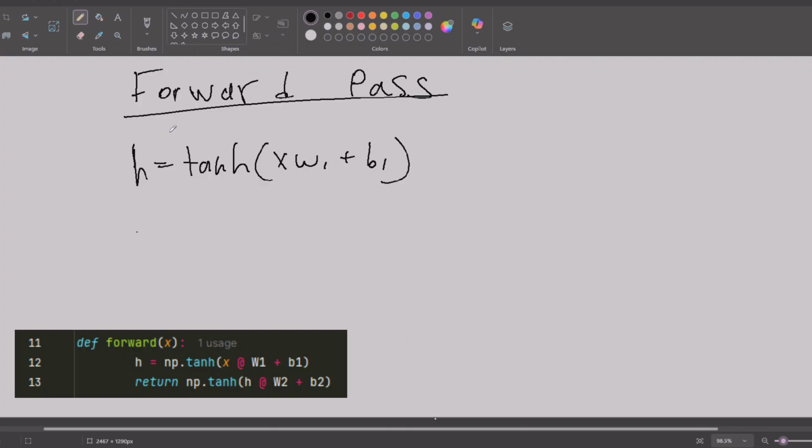Okay, so that was layer 1. Now let's talk about layer 2, where we compress back to the velocity. Our output function here is defined as tanh of h equals h times weight 2 plus b2.